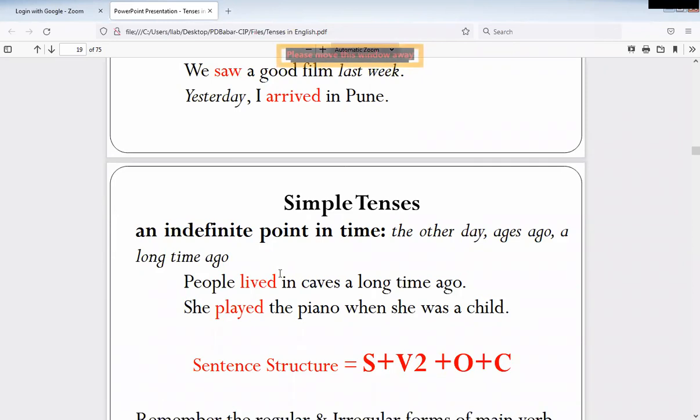The other day, the day before yesterday. Ages ago, a long time ago, long ago. These are the indefinite point expressions we use for the simple past tense. So let us use them in the simple past tense and see what the examples are.